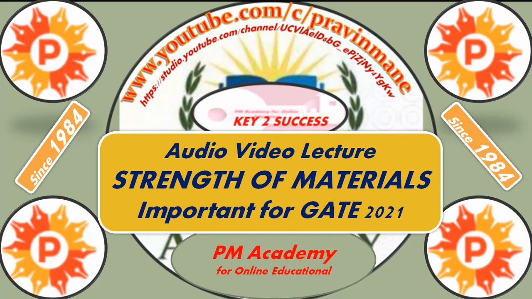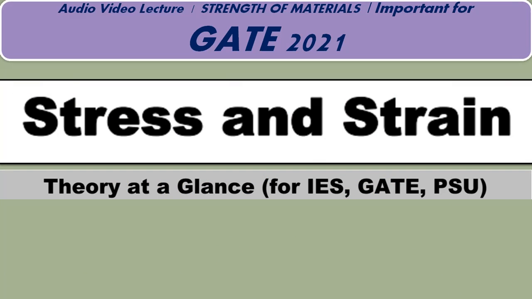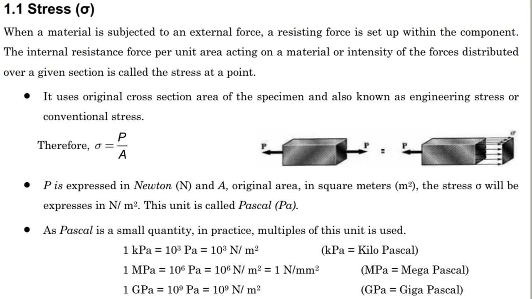Now we will directly go to the subject, and here it is stress and strain. The first concept is stress and strain. What is meant by stress? Stress is denoted by sigma. Suppose this is the material and a force is applied on both sides.